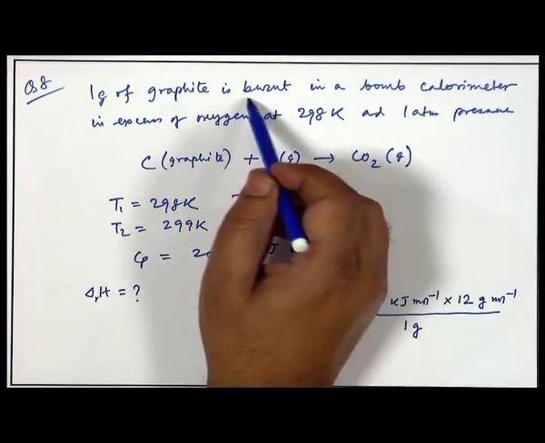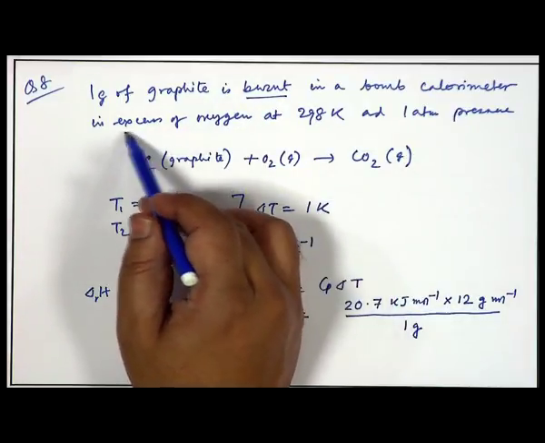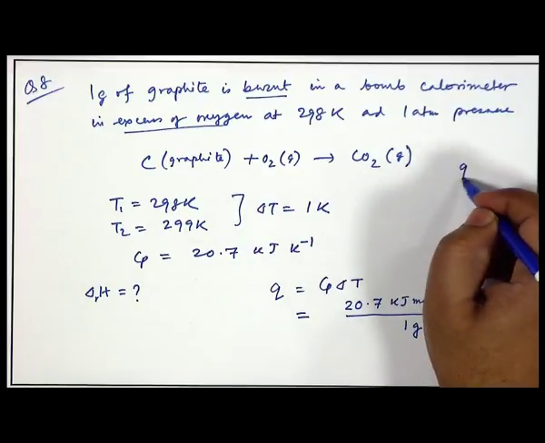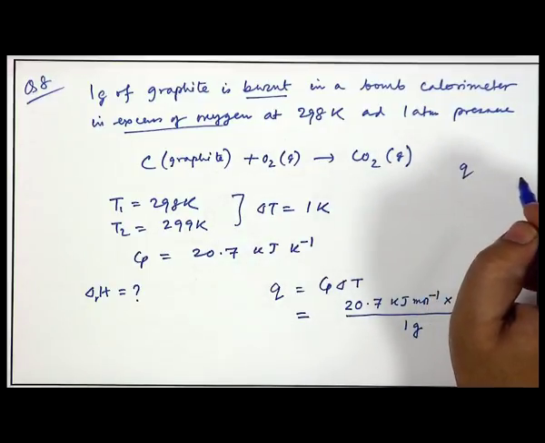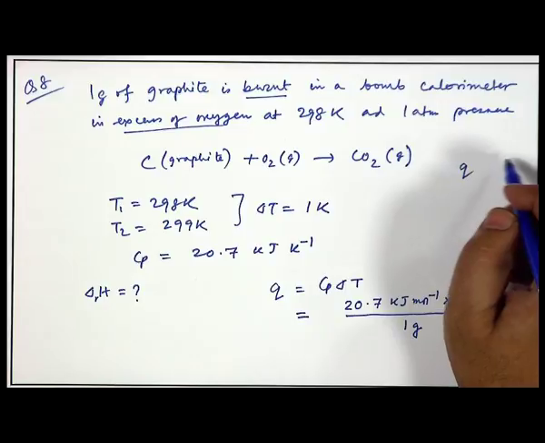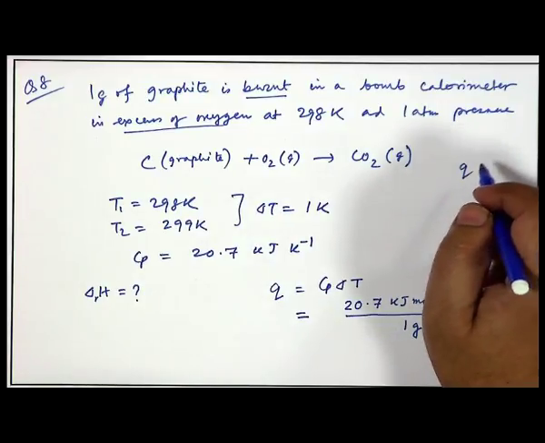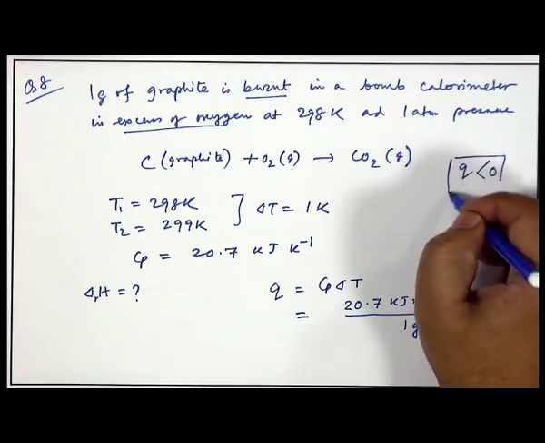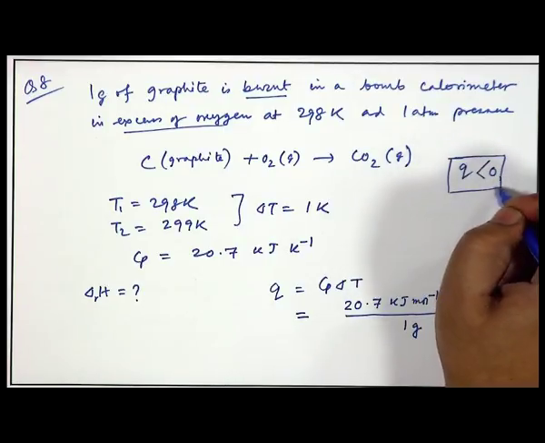Now, it is a burning reaction in presence of oxygen. You know, burning of any substance in presence of oxygen will produce heat. So, it is an exothermic reaction, and Q is lost from the system. So, the value of Q must be a negative quantity.